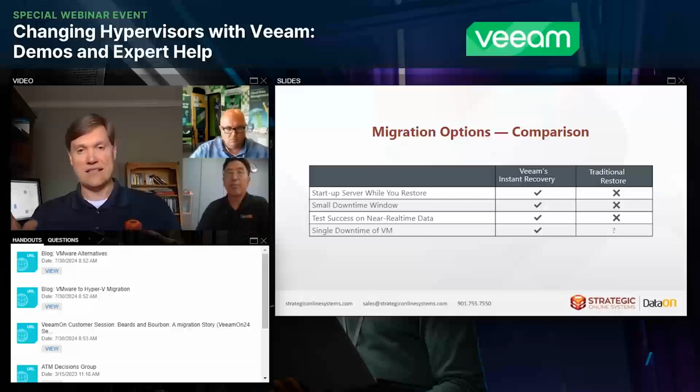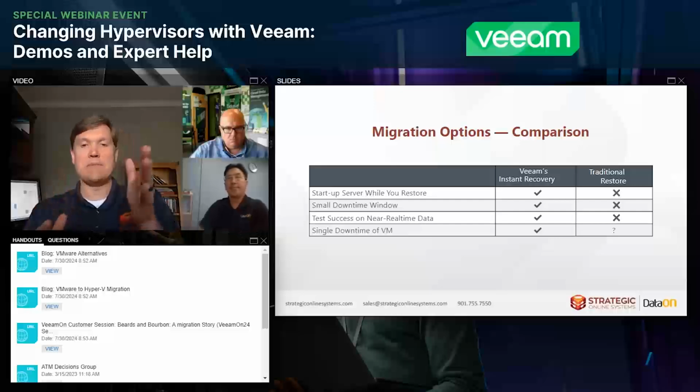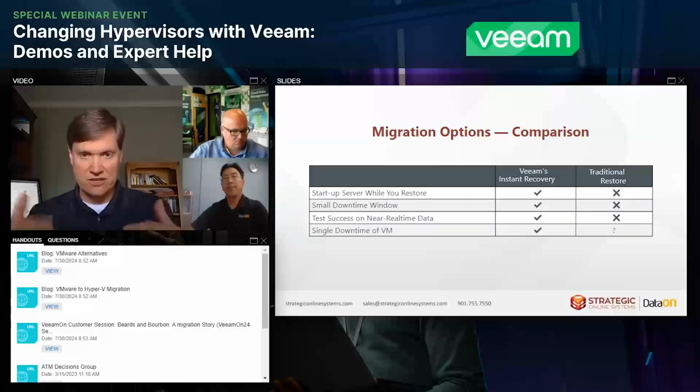So not only is it starting up while restoring, it's converting it to a different platform. A traditional restore can't do that. And because of this ability, you can then test success on near real-time data. What I mean by that is, we all know that when we're trying to back up certain types of data, some of that data is problematic.